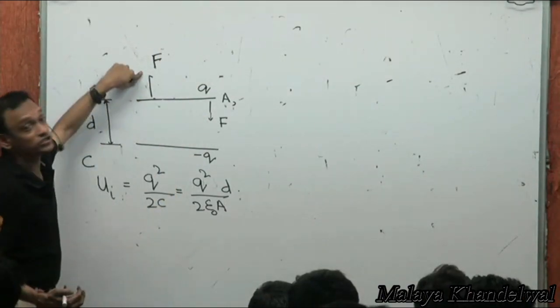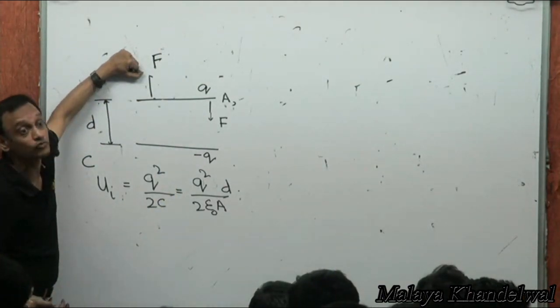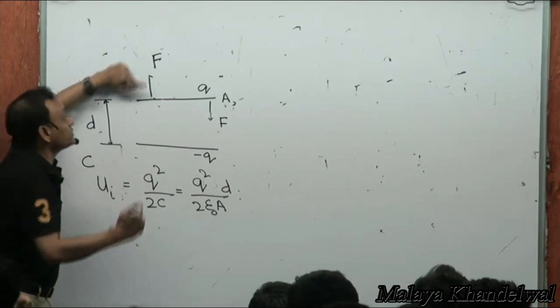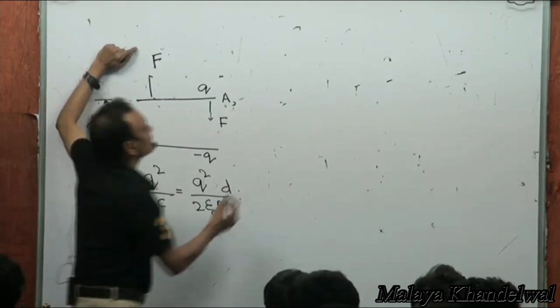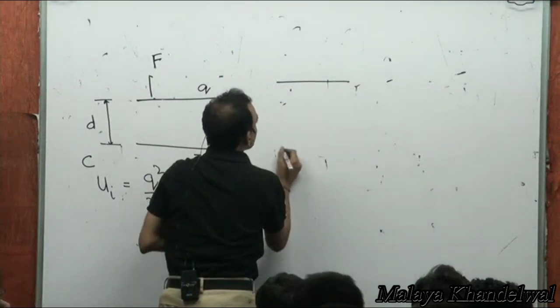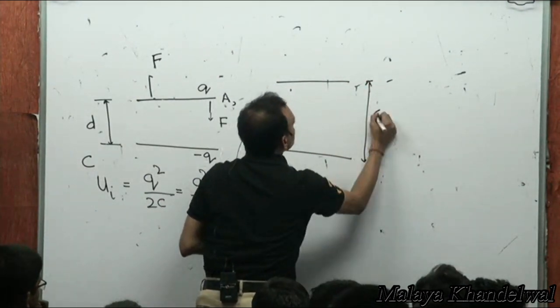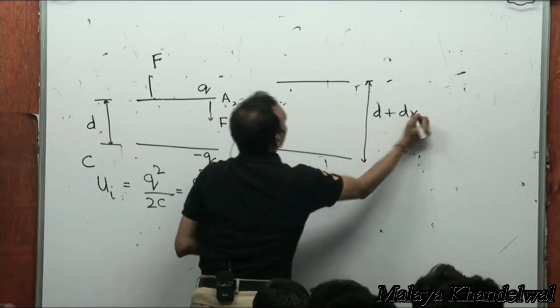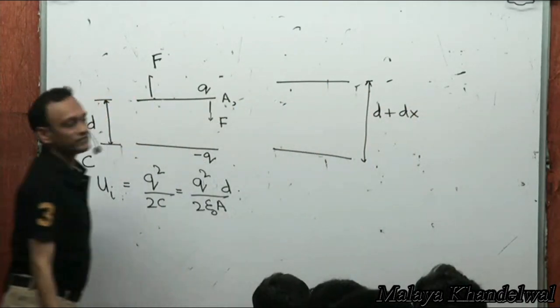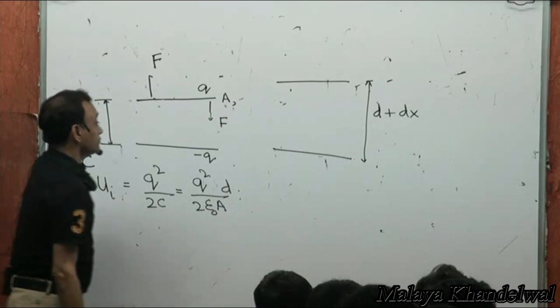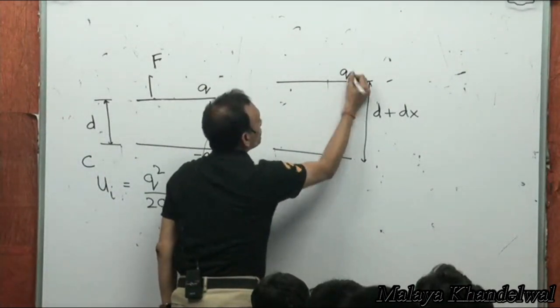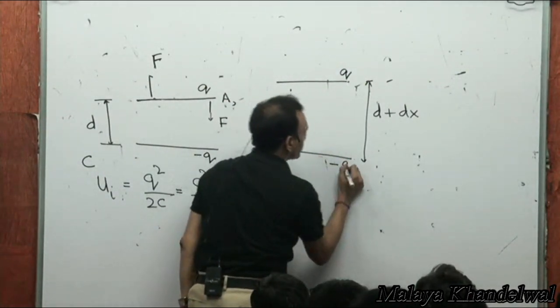So this is the force exerted by an external agent, and this force causes the separation between the two plates to become d plus dx. However, what happens to the charge when I pull the plates apart?